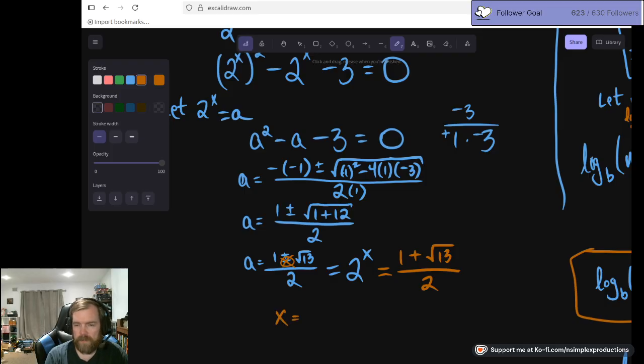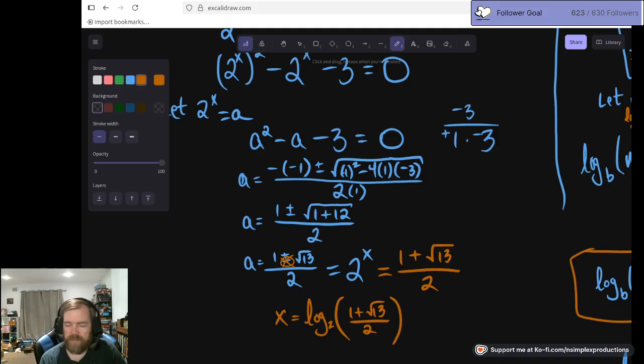So x is going to be equal to log base 2 of 1 plus root 13 all over 2. You could, in theory, separate out the 2 at the bottom there.